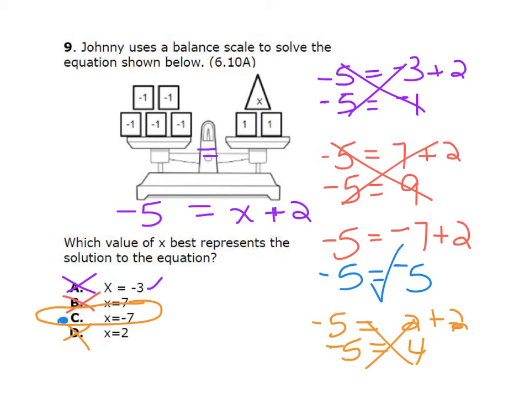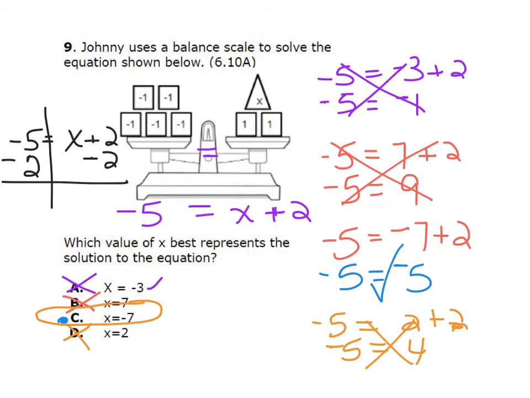You could also do it by solving it the way we've been learning. So negative 5 is equal to x plus 2. We do the fairness rule. We're going to do the opposite operation, which is negative 2, because that's with the variable. So then you have negative 5 and negative 2. They're the same signs.